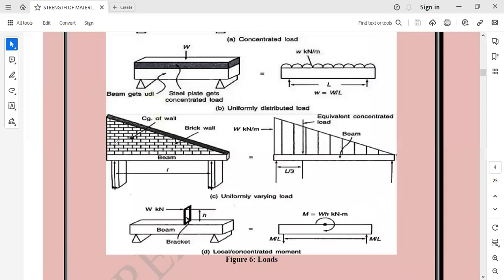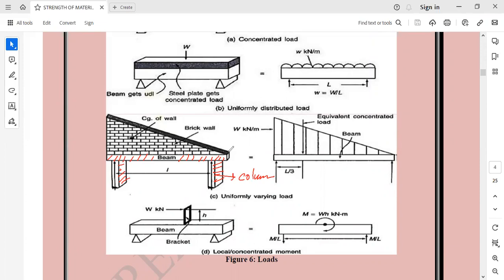Here you can see that this is a beam which is resting on two columns. These are the columns. There is a brickwork which is triangular in shape, resting on the beam itself.